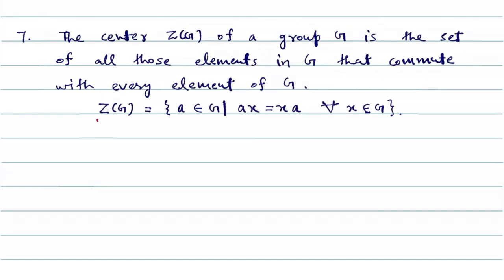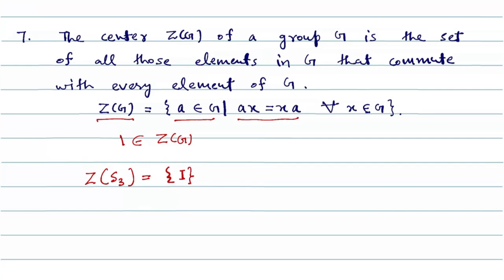The center of a group G is the set of all those elements of G which commute with all elements of G. Notice that 1 always belongs to the center because 1 commutes with every element of G. As an example, you can check that the center of S3 is only 1, consists of only the identity element.